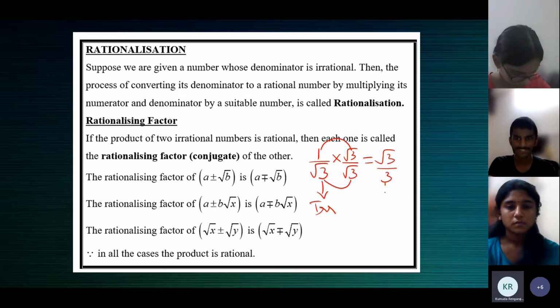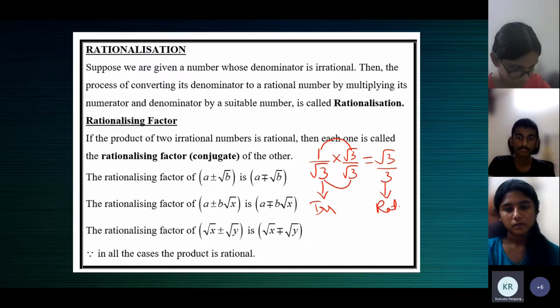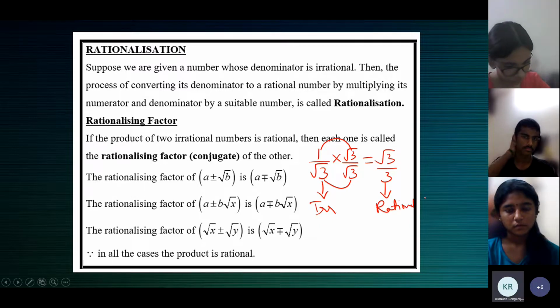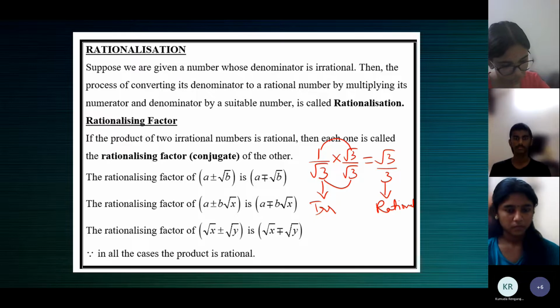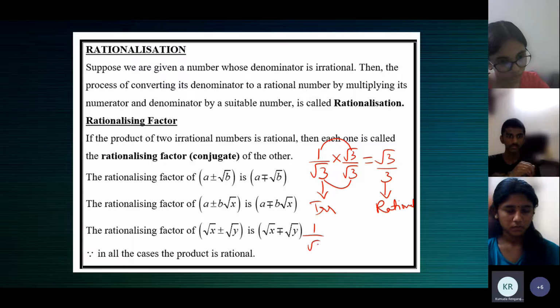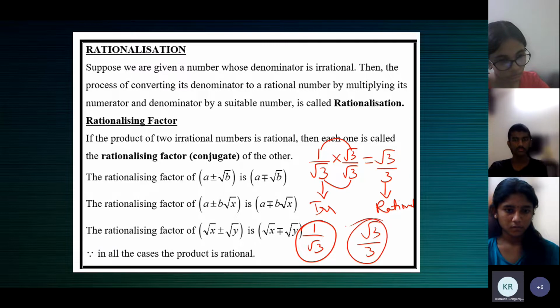So now see what happens to the denominator. It becomes rational. But the expression 1 by root 3 is irrational, and so is root 3 by 3. The expression is still irrational. You cannot make an irrational expression rational.